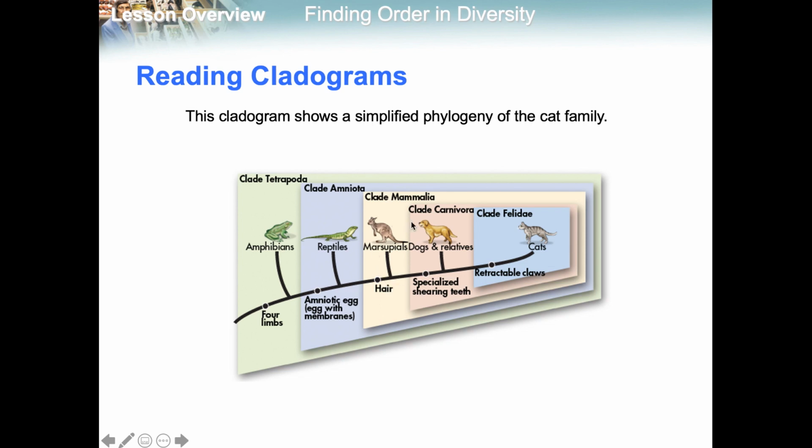If we move to the next part, specialized shearing teeth, which is the clade Carnivora, kangaroos are already terrifying because they're super strong. We don't need to give them teeth that can rip apart meat. So dogs and cats both have specialized shearing teeth. And then the next one, retractable claws, only has to do with clade Felidae, which is the cats. Dogs don't have retractable claws.